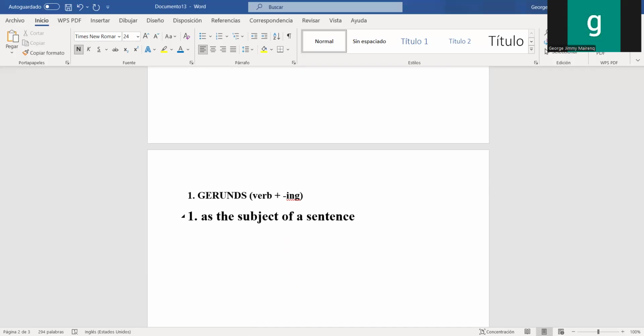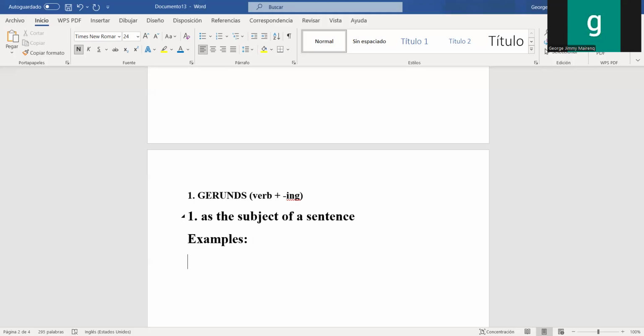It means that we can use the verb with the ing form as the subject at the beginning of the sentence. Why do we say the subject? Because remember that the subject is the word that is leading the sentence, right? Let's see some examples.